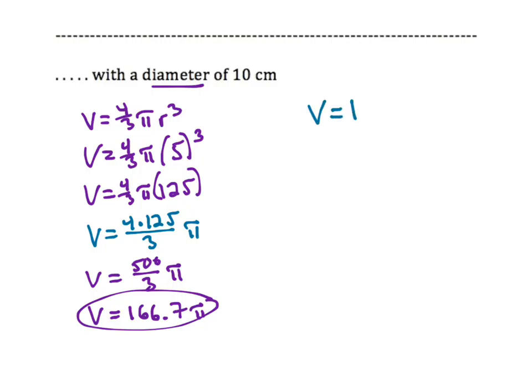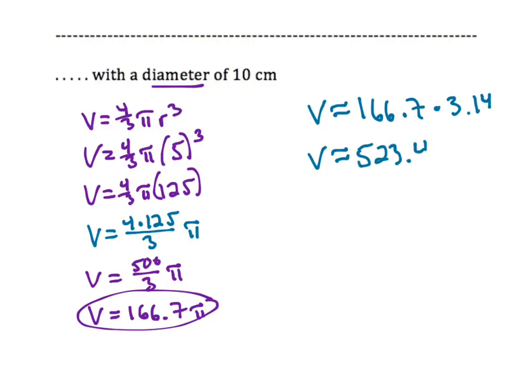Volume is about 166.7 times 3.14. Do the math on that. I get volume is about 523.4 centimeters cubed. There's my approximated answer to the nearest tenth. All right, see you in class.